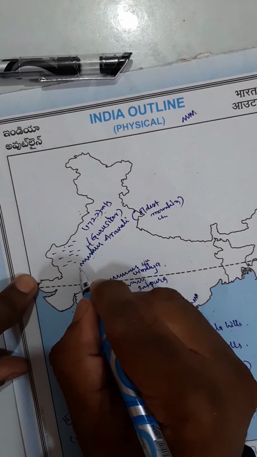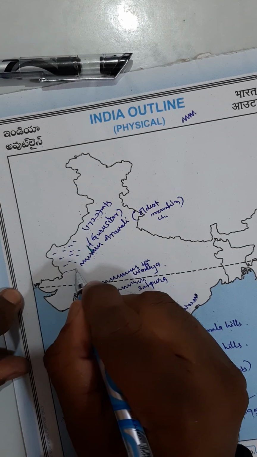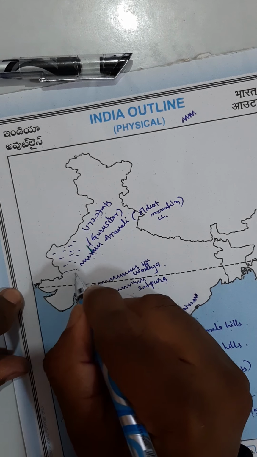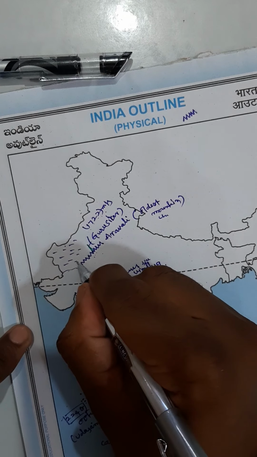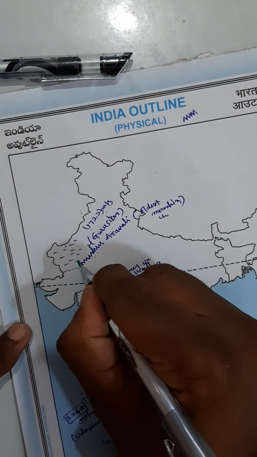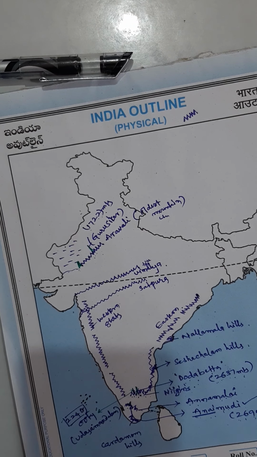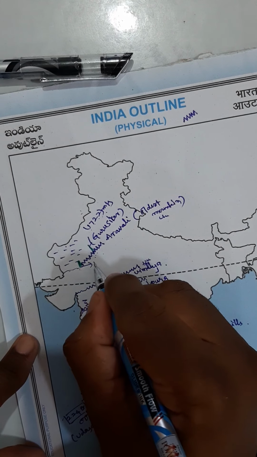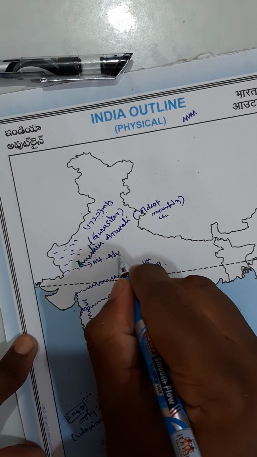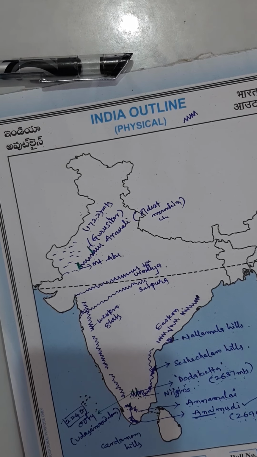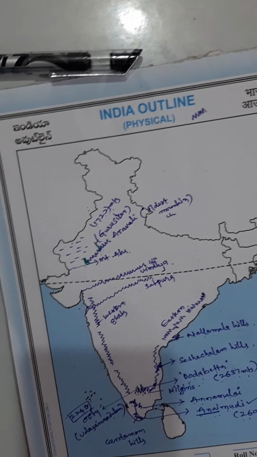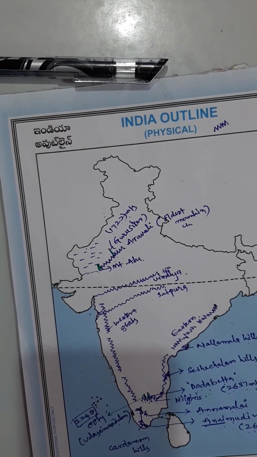Now come to here. At the edge of Gujarat and Rajasthan, here you find an important place in Aravalis. This is Mount Abu. Mount Abu is an important hill station in Aravalis. Mount Abu is surrounded with forest, and you are going to experience a nice, beautiful, picturesque scene there.